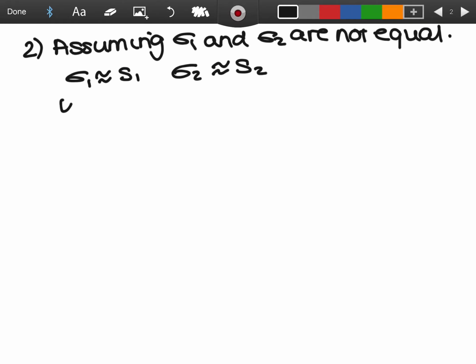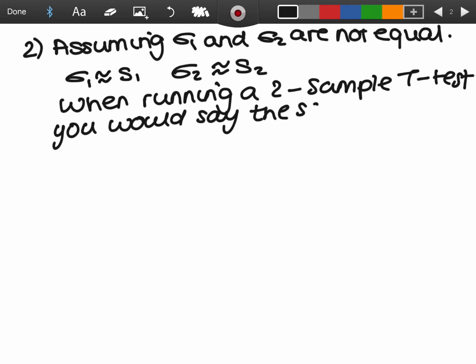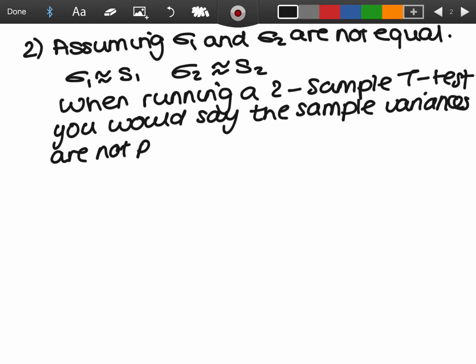And then when you run a 2-sample t-test in this case, you would say the sample variances are not pooled, because all you're doing to find the standard deviation of each one is just finding the sample standard deviation that's given in the problem and using that as an estimate for each of the population standard deviations.